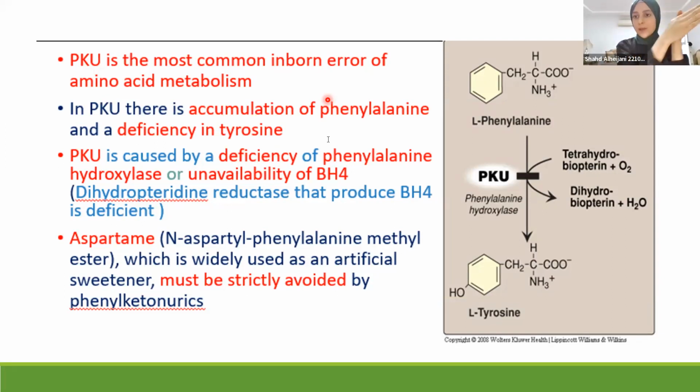So if this pathway cannot continue and you can't form tyrosine, you won't be able to form the neurotransmitters which are needed by the brain itself, which means this would affect the brain and again cause mental retardation. And again, accumulation of phenylalanine would also be toxic, which means we need to avoid aspartame, we need to decrease phenylalanine, so to prevent the toxicity of the substrate itself. And again, because the pathway is normally needed for neurotransmitters.